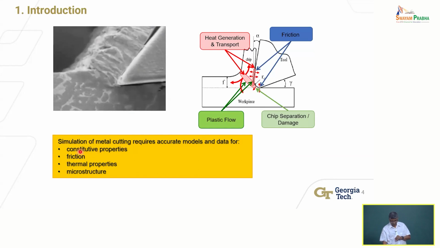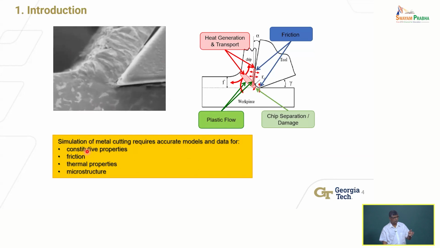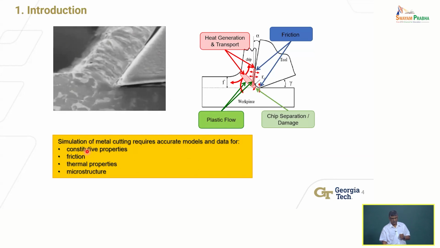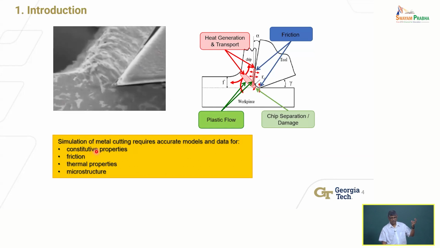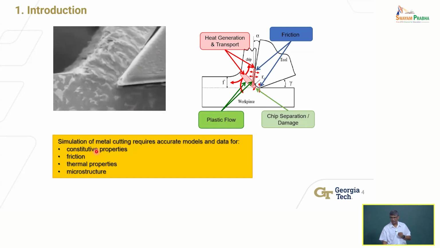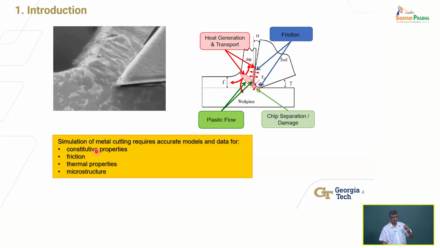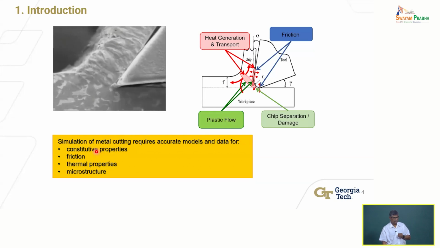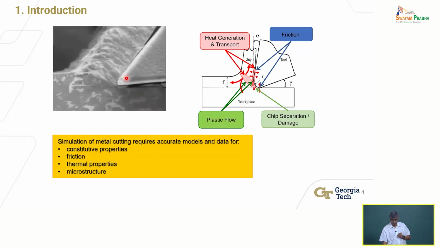So you need to be able to describe the behavior of this material, which is what I'm calling the constitutive properties of the material behavior: the stress-strain relationship, if you will, or in a more general case, the stress, strain, strain rate, and temperature relationship. You need to be able to describe that. Then you also need to describe the frictional conditions that are there.